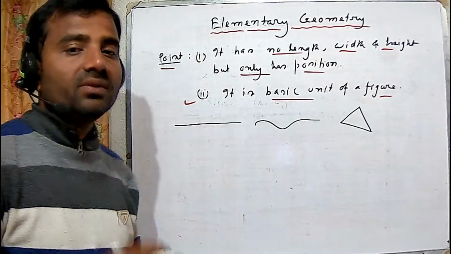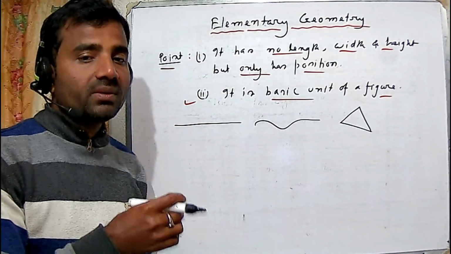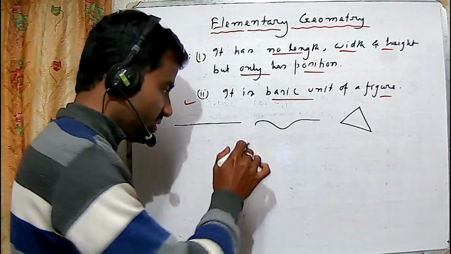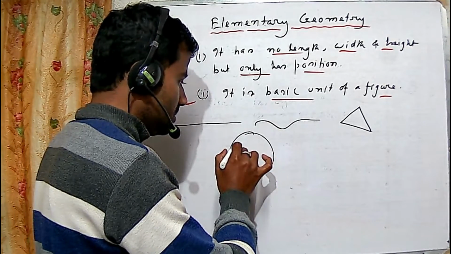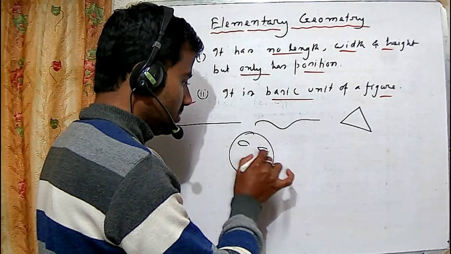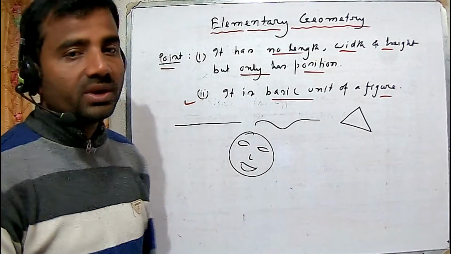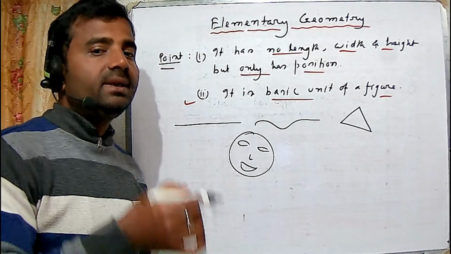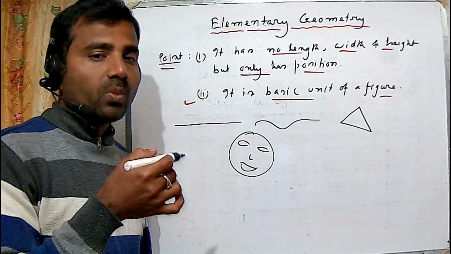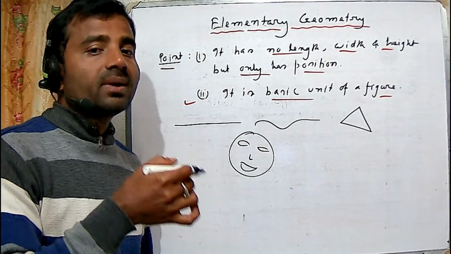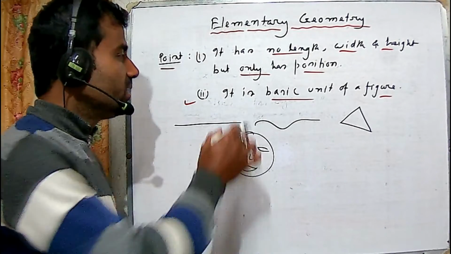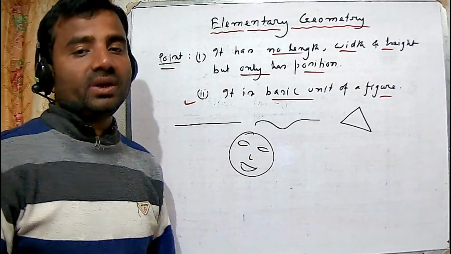If we consider a figure other than a geometrical figure, like a human face, it is also a collection of points. That means any object or body is made with several points, so it is the basic unit of a figure.